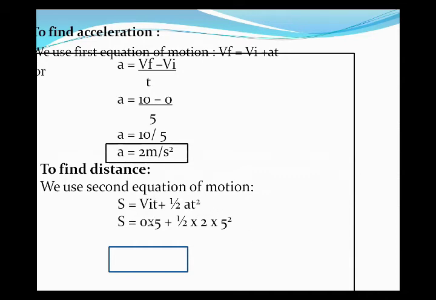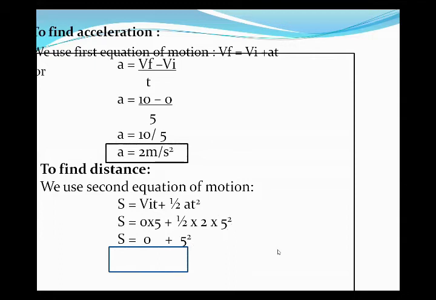Now VI is 0, time is 5, 1 upon 2 is a constant, acceleration is 2, and T is 5, then apply the square. So 5 multiplied by 0 gives 0, the 2 and 2 get cancelled, and 5 square will remain.